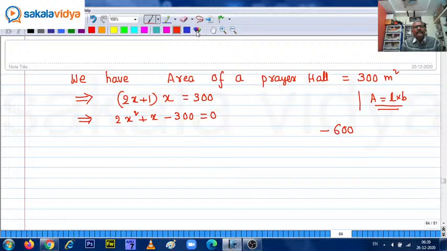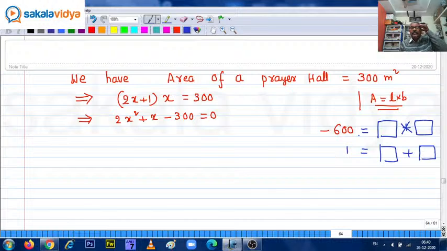The product should be minus 600, and the sum should be 1. What are such numbers? 300 we can write as 30 into 20.